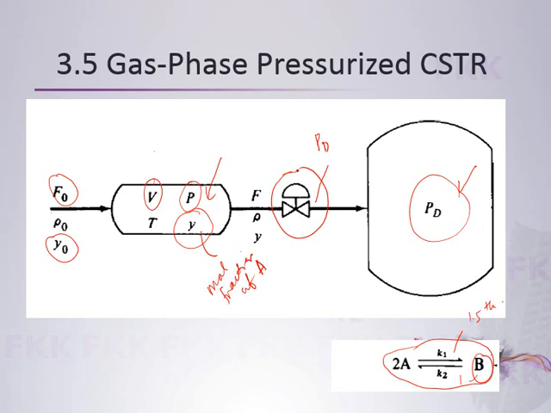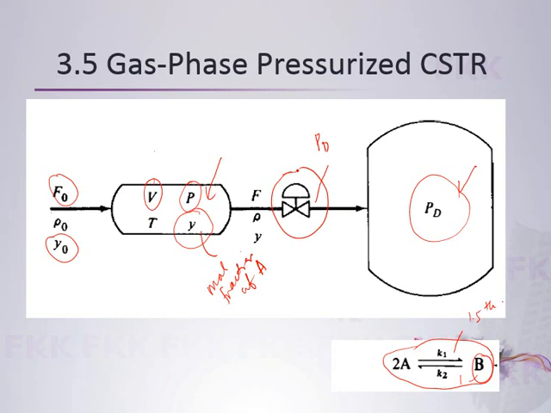The outflow will vary with pressure and the composition of the reactor. Equation 3.14 is actually the equation for flow. So the valve is actually controlled by this equation, or the flow is controlled by this equation using the valve.